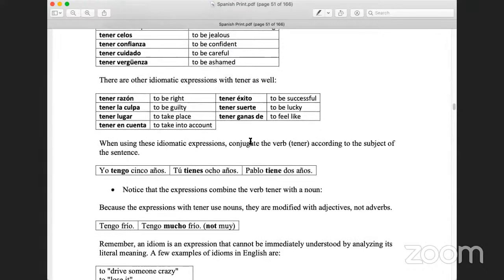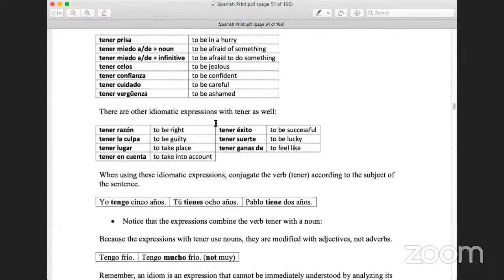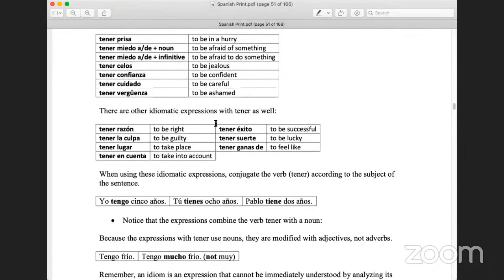There are other idiomatic expressions with tener. So you can tell this is old because you don't see the copy, the screenshot, the copy paste. This is everything. I typed all this stuff one by one. So I did good because I did the bold, I did the tables, I did everything. The accent on the words or the letters and vowels. This took forever, and this is 166 pages.